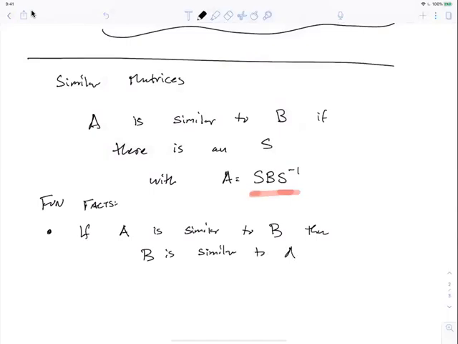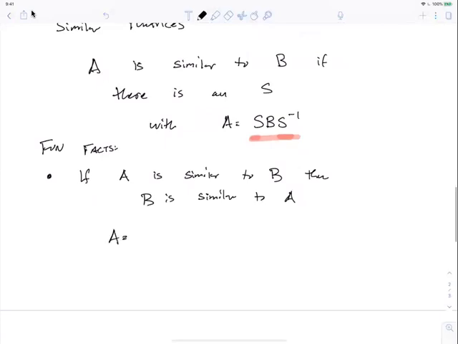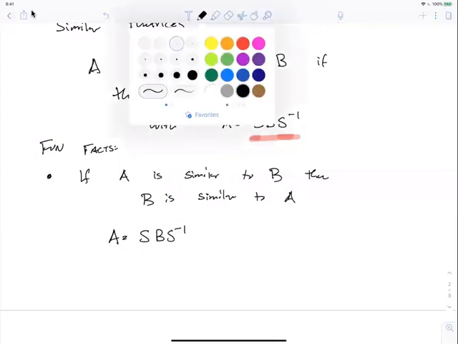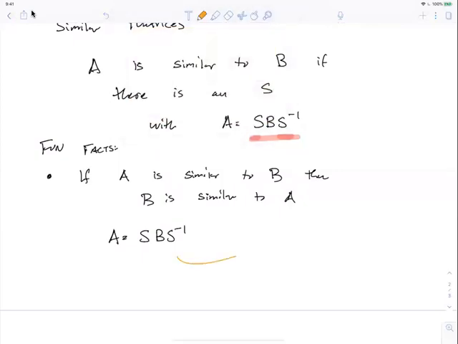This sounds technical and unnecessary, but keep in mind the relationship as written only goes one way. So if we have A equals S B S inverse, then we can solve for B by multiplying both sides by S inverse on the left and S on the right.